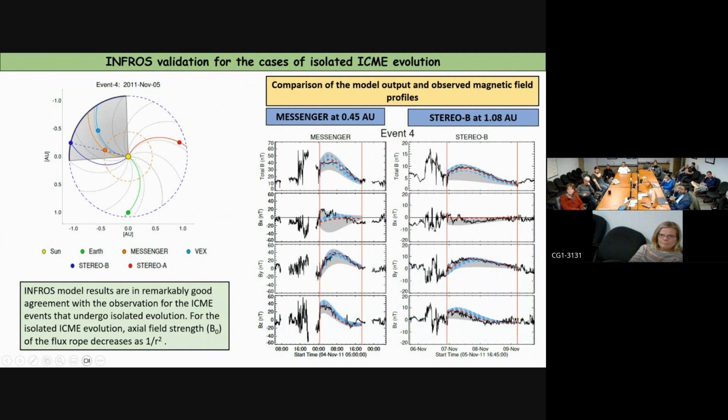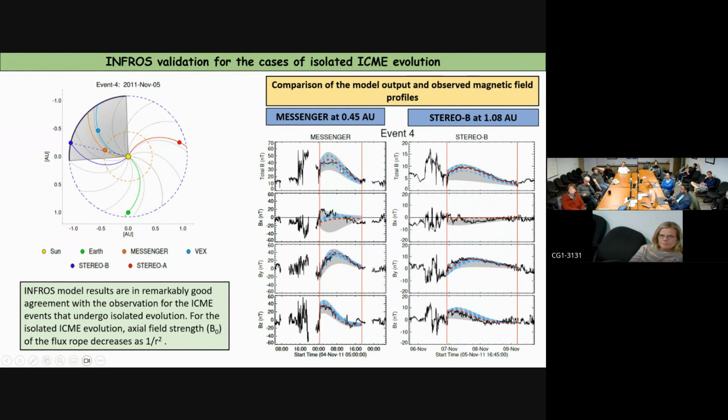More importantly, although there are large uncertainties, the importance of this multi-spacecraft event is that if you have information of this structure in the inner spacecraft observations, you can use it to constrain your ensemble model results, which is shown here by the red dashed lines.